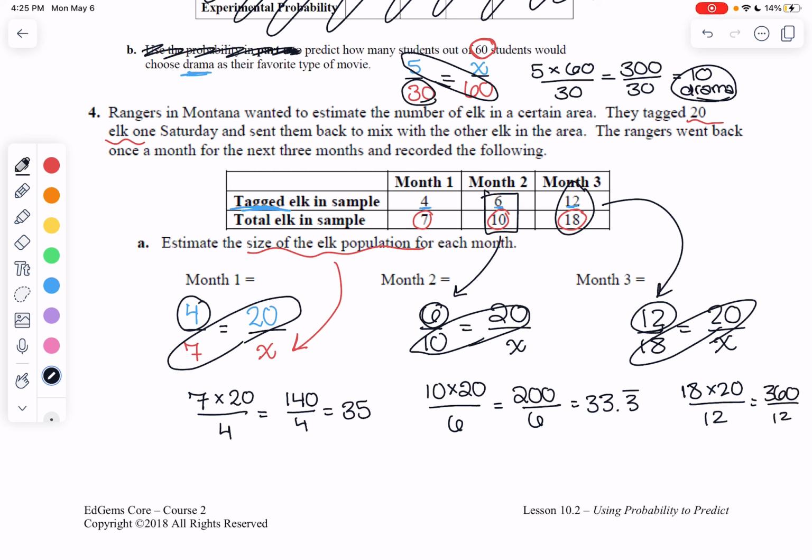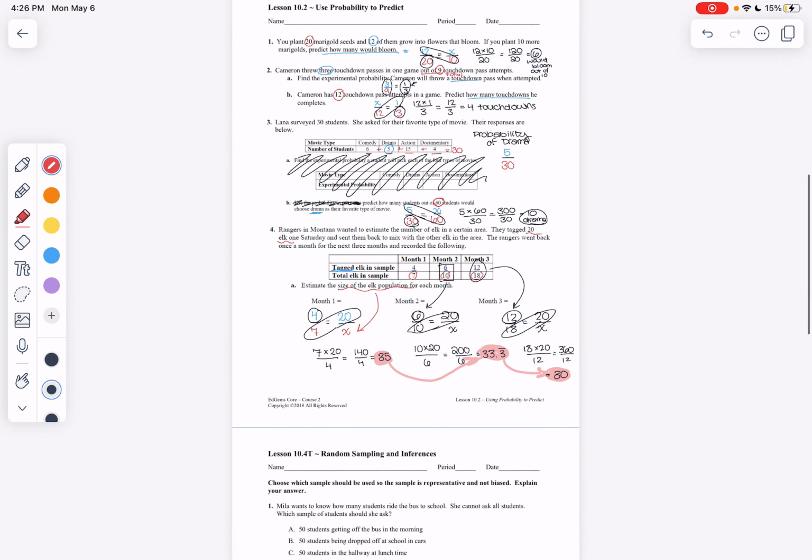Divided by 12 is 30. So we see our elk population go from 35. It's our total population, so let me highlight in red. From 35 to 33.3 repeating to 30. All right, you are finished with your review.